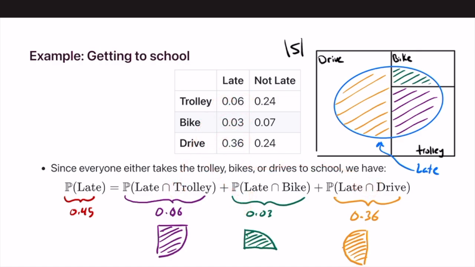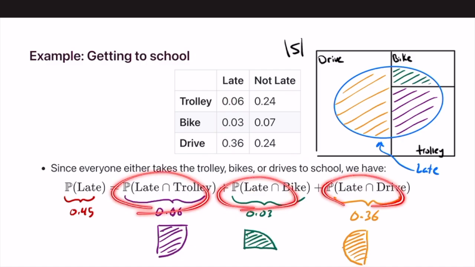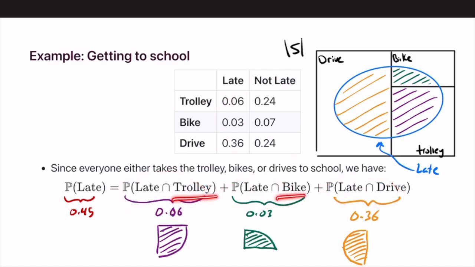That's how we get the total probability of being late as 0.45, because it is the sum of all these individual intersections between being late and having taken any mode of transportation. So this is how we look at a probability space and use it to sum up individual events that lead us to the probability of something like being late.